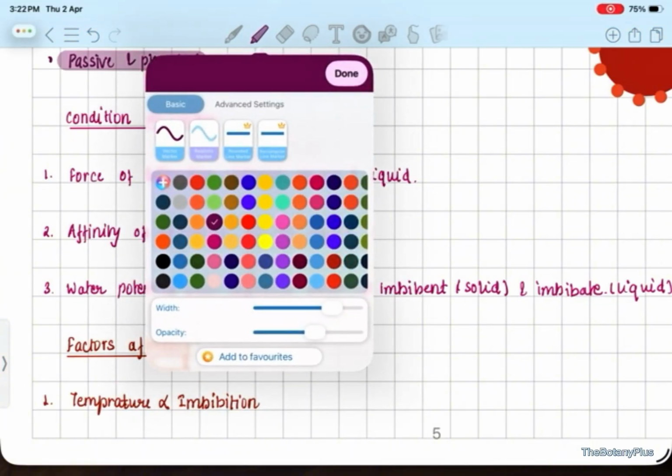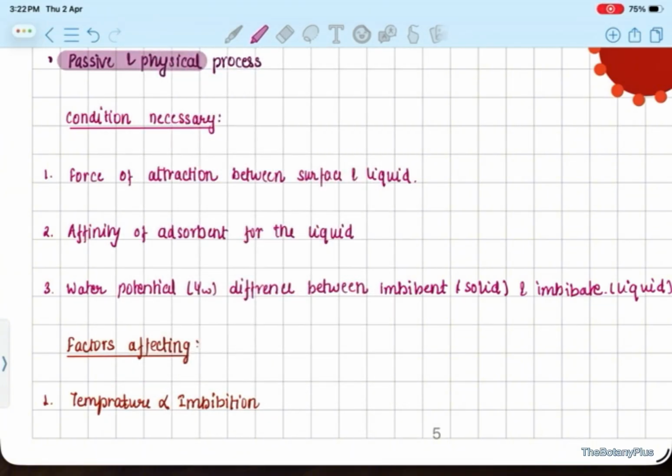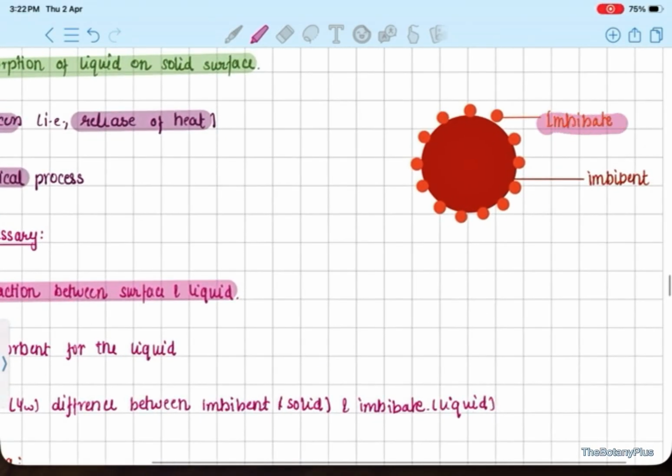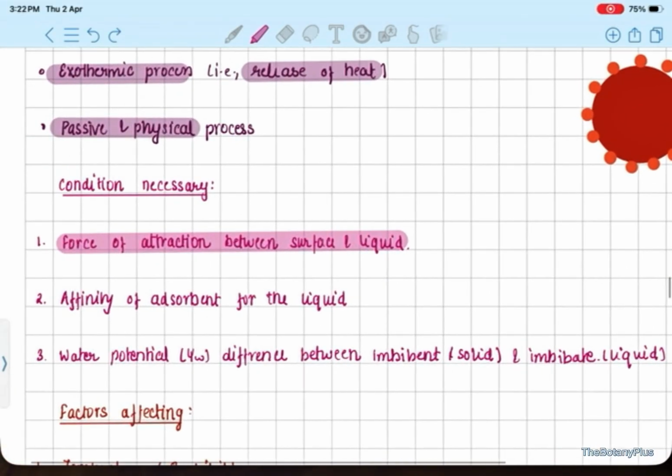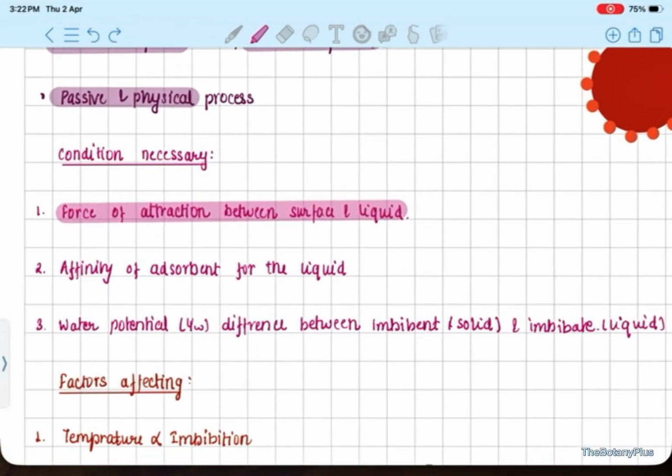The conditions which are necessary for imbibition: the force of attraction between the surface and the liquid should be greater, because if a surface does not have attraction for that imbibate, how will imbibition occur? So there should always be a force of attraction between the surface and the liquid.